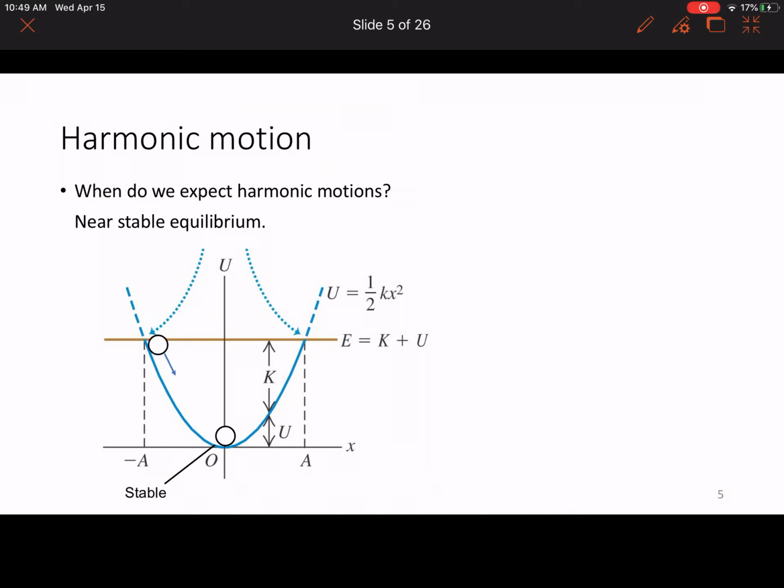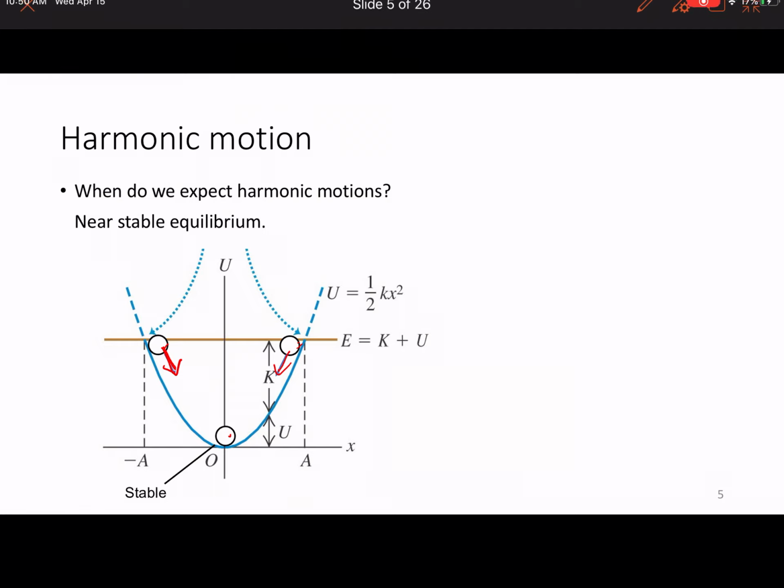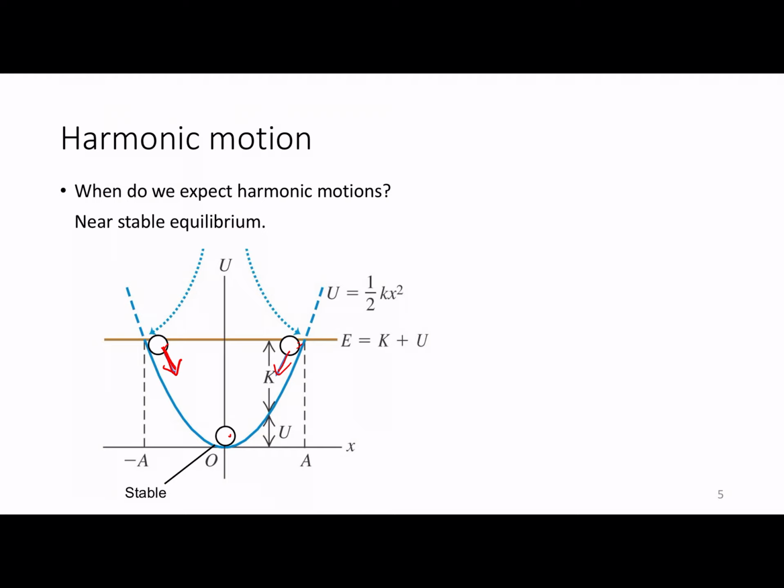If I move it a little bit away, for example, if I move it to the left, the force tries to bring it downhill. The force accelerates it towards the stable equilibrium. And similarly, if I bring it up on the right side of the hill, the force accelerates it towards the stable equilibrium. So as soon as I move it away from the stable equilibrium, it wants to restore itself to stable equilibrium, which we call a restoring force.